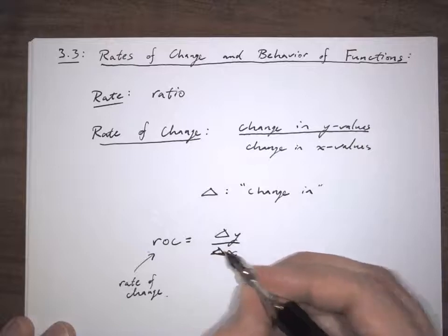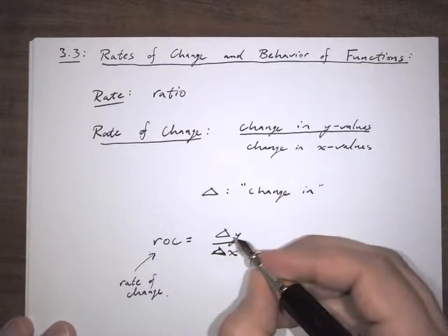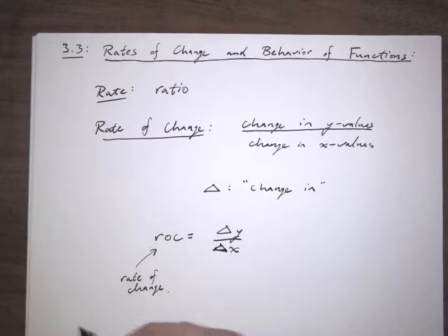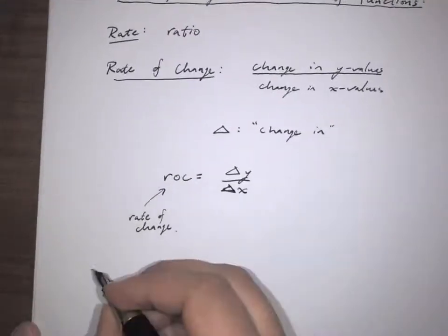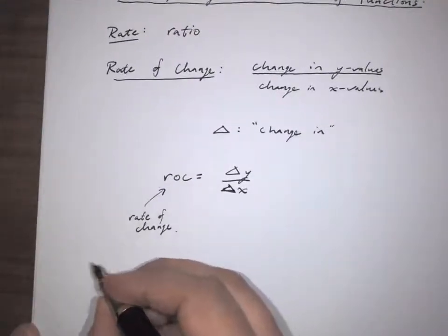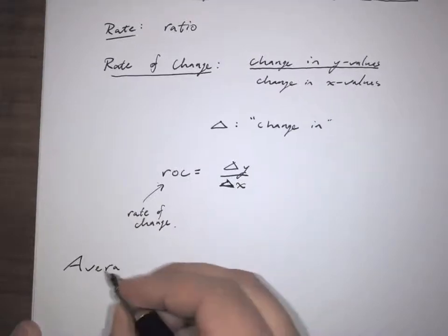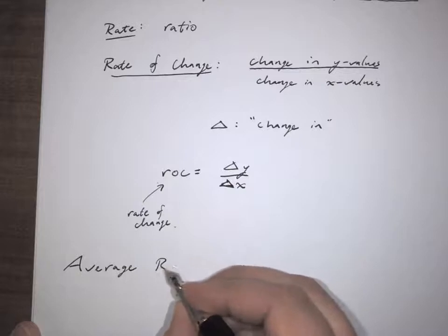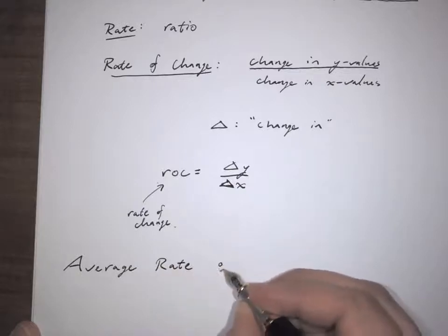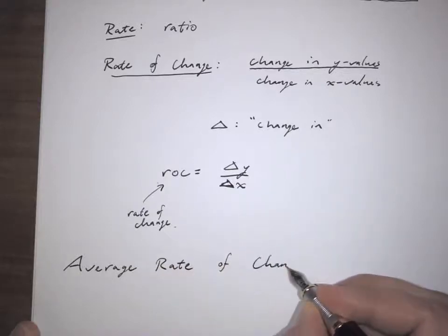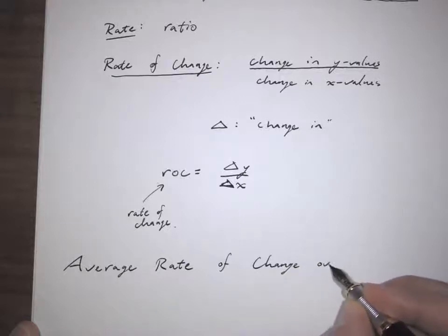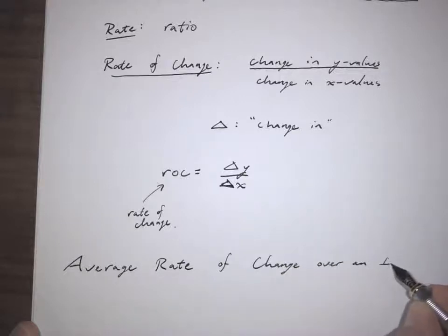But what is the actual change in the y values? So here what we're talking about is over a specific interval. And then that gives us what's called the average rate of change over an interval.